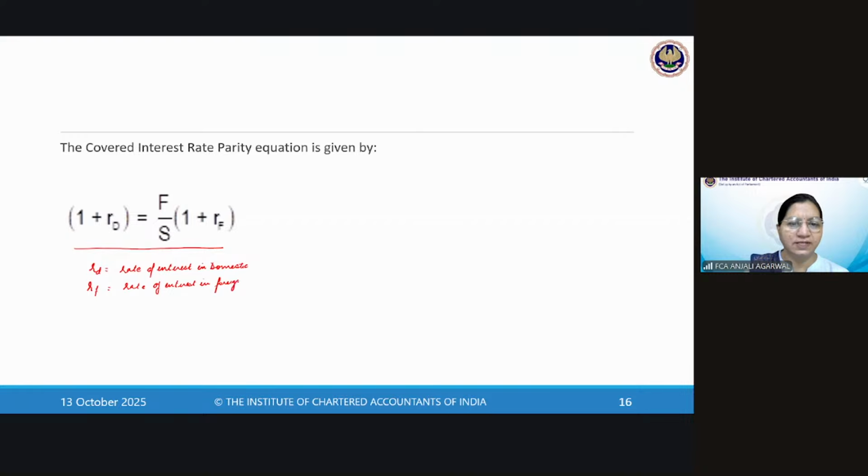Now, as we have seen that the RD is higher, particularly if you look at the Indian context, it is 8% annual.